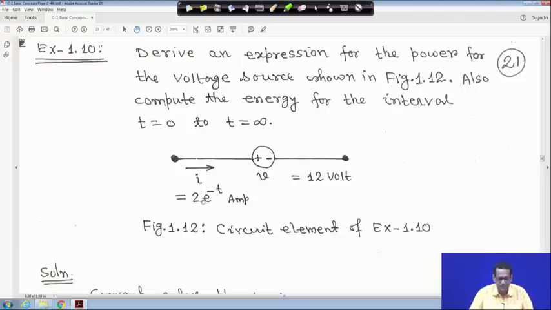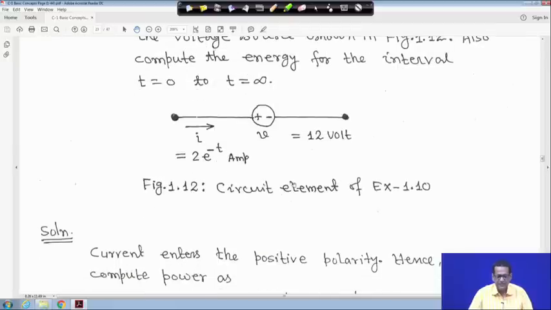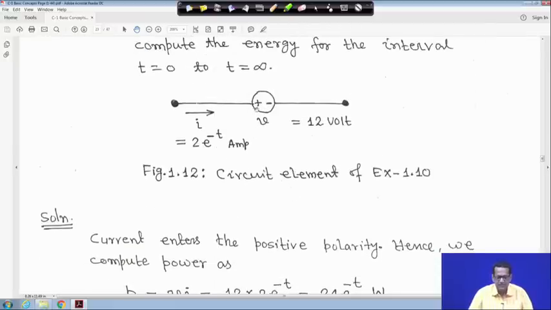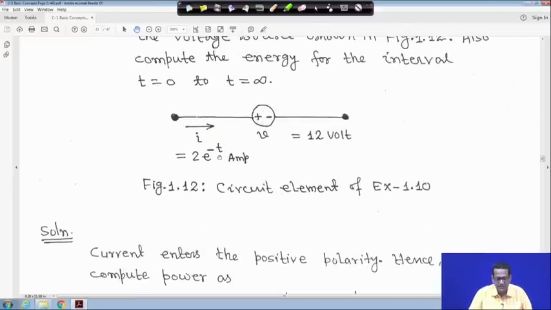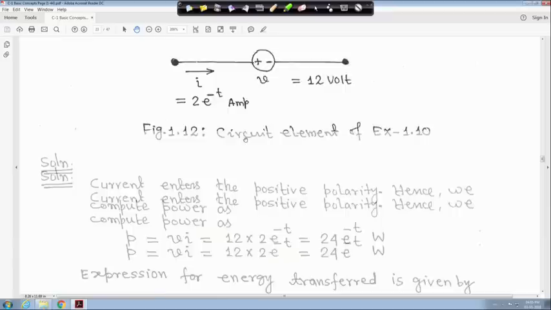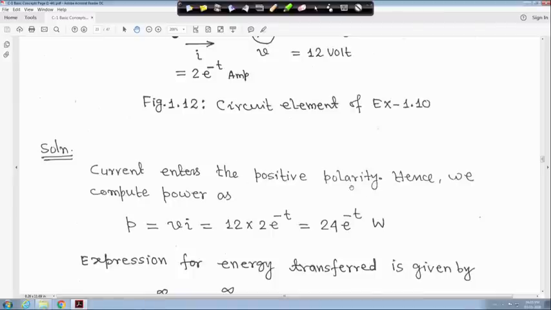It is a time function, I is equal to 2 into e to the power minus t ampere, and the voltage V is equal to 12 volt. The first thing is that this is a voltage source and the current is entering into the positive terminal, so we can compute power as P is equal to V into I. Therefore, it is 12 into 2 e to the power minus t, that is 24 e to the power minus t watt. This is a time function.